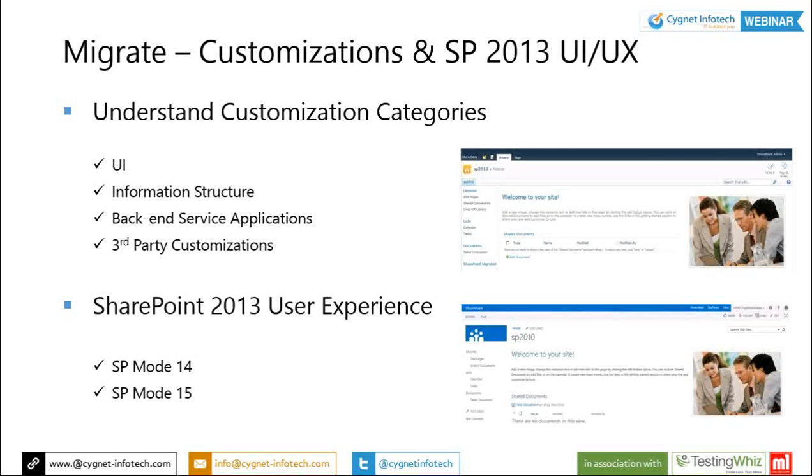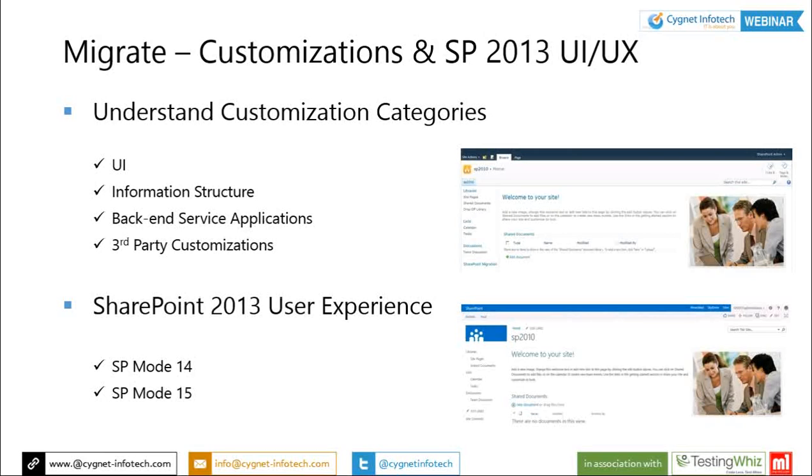All these things have to be upgraded and be compatible with the SharePoint 2013 UI. In terms of information structure, your content types, content databases, site columns, site definitions, list definitions, and site templates, everything has to be compatible and available with respect to SharePoint 2013.